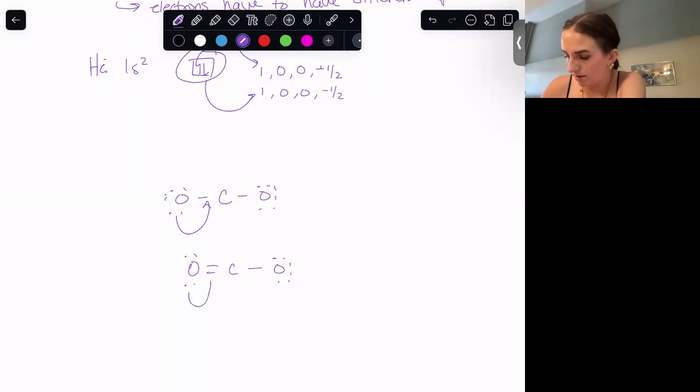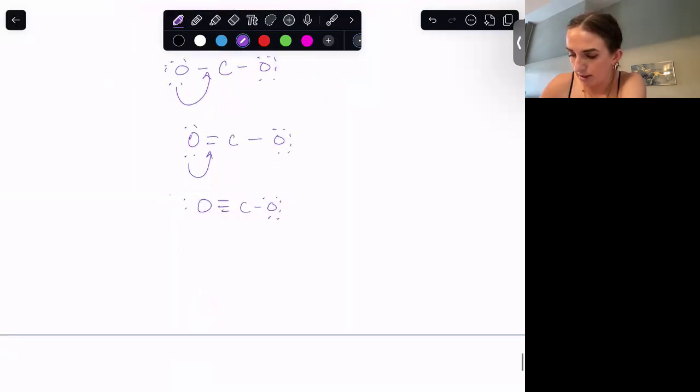So if I were to make this a triple bond, then this becomes this here. And although technically a valid structure, this has a +1 formal charge and this has a -1 formal charge, and we don't like that.